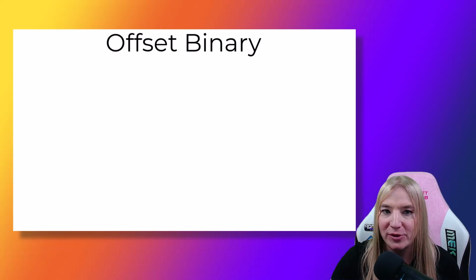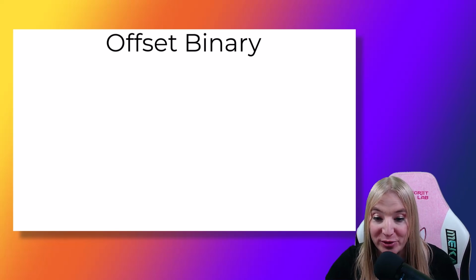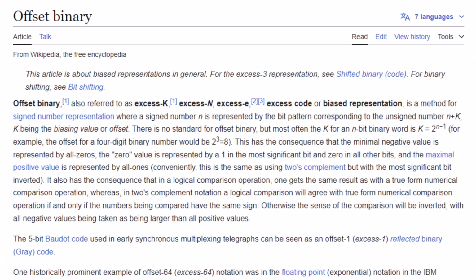So let's get into this. Before we go too far into things, let's start with Google. I'm going to bring up my little Google here. If we go to Wikipedia, like I did right here, and search on offset binary format, you'll see that it's also known by several other names.